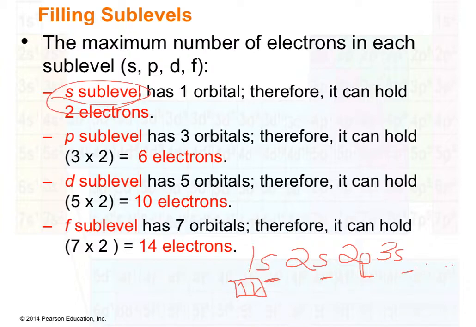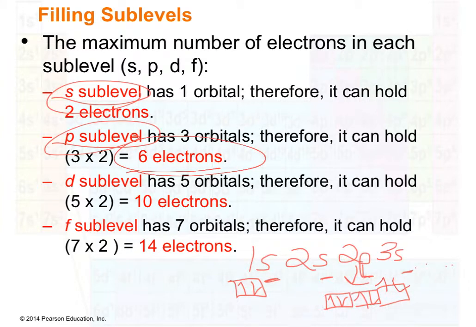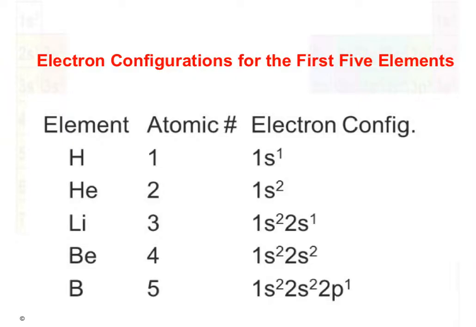Every P sublevel has 3 orbitals of equal energy, and each of these 3 orbitals can hold 2 electrons. And so a P sublevel can hold up to a maximum of 6 electrons. A D sublevel, which has 5 orbitals, can hold 5 times 2, or 10 electrons. And an F sublevel can hold 14 electrons.